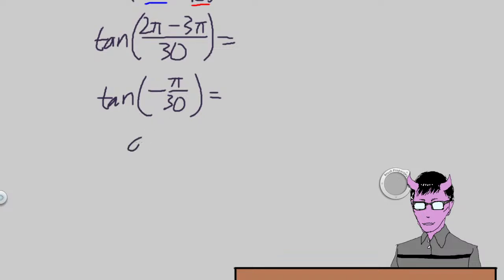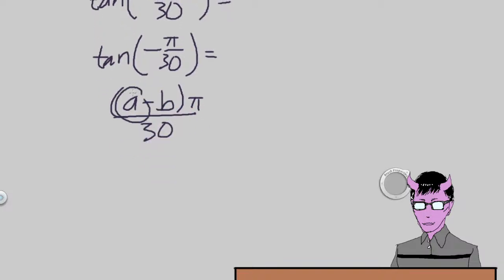So a minus b is going to have to give us negative 1 over 30, right? So consider this. We need a and b to be nice numbers. And I think the nicest ones off the top of my head are 5 and 4.